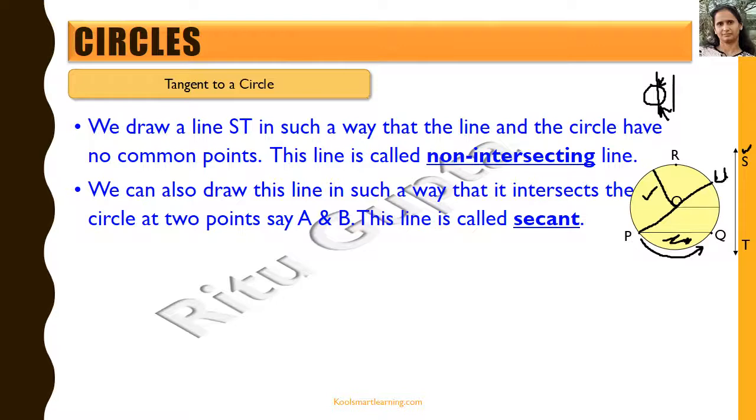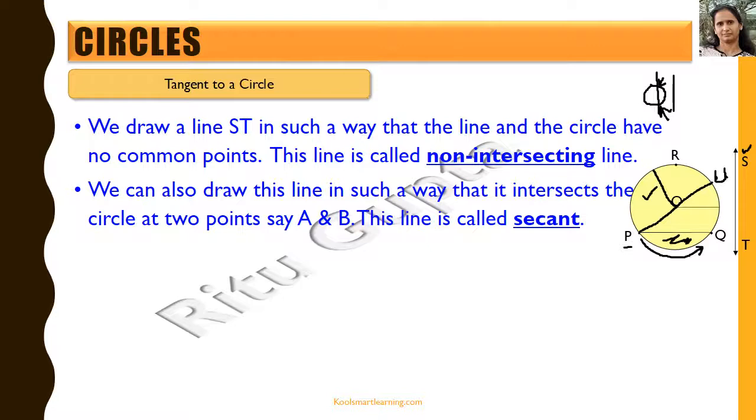Now we also know that the chord also joins 2 points on the circle. So what is the difference between a chord and a secant? A chord is just the line segment joining 2 points on the circle. So PQ in this example is a chord.